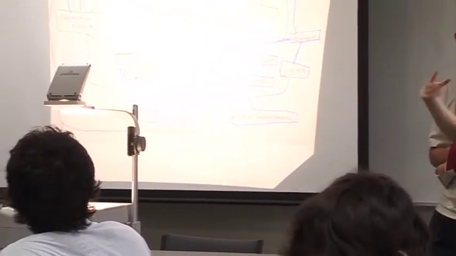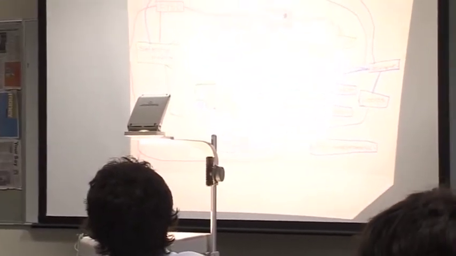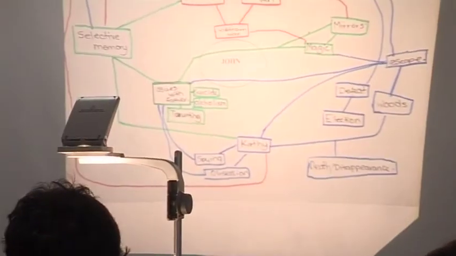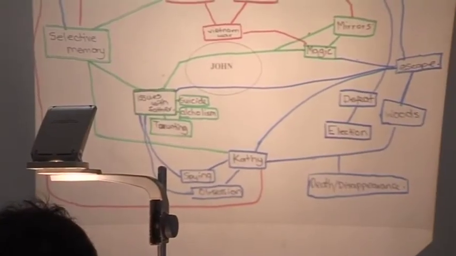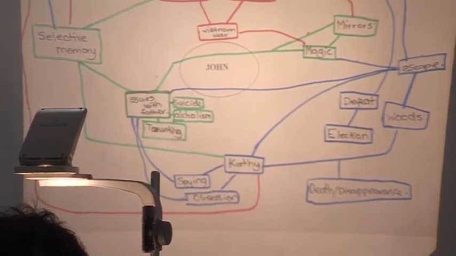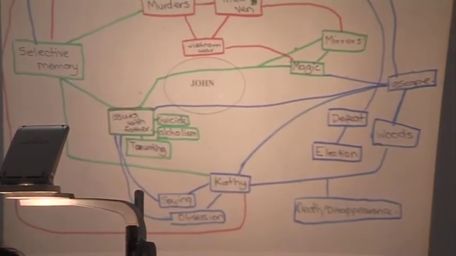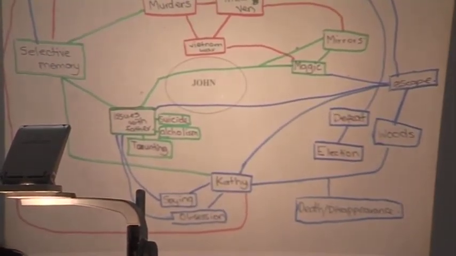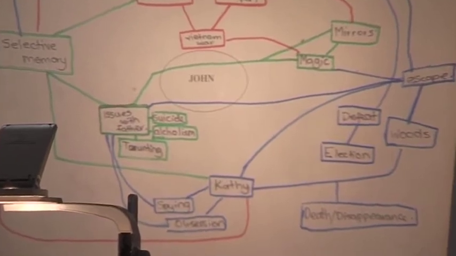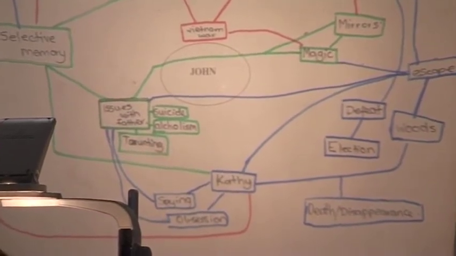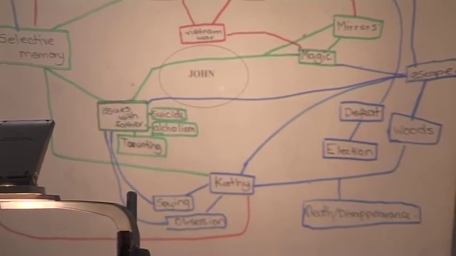Then the murders, how he killed PFC Weatherby and he killed the guy with the hoe. That would have had an effect on him because killing someone would, and that could have led to something like PTSD, post-traumatic stress disorder, which again links to things like Kathy.